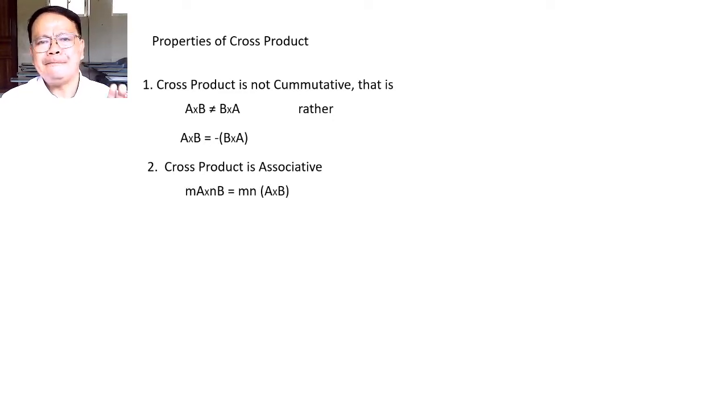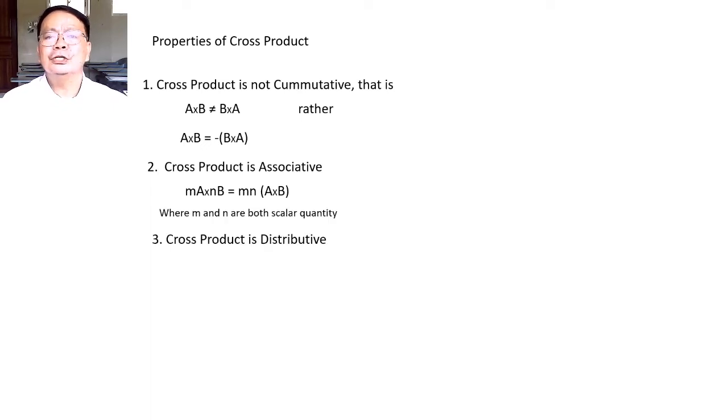We mean that if A is multiplied by a scalar quantity M, and B is multiplied by another scalar quantity N, then the cross product of MA cross NB shall be equal to the product first of M and N, then multiplied by the cross product of A cross B. In other words, we can associate first the coefficients of the vectors before we perform the cross product of the two vectors. That is what we mean by the associative property of the cross product.